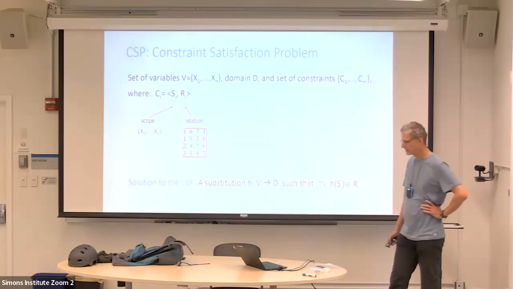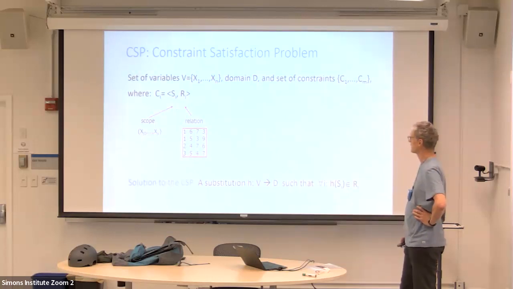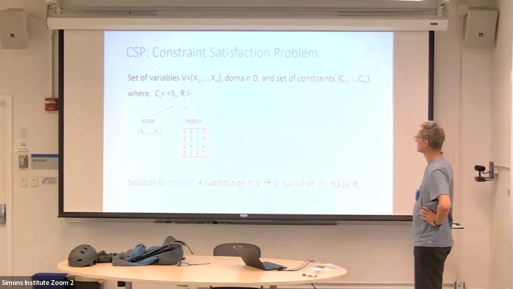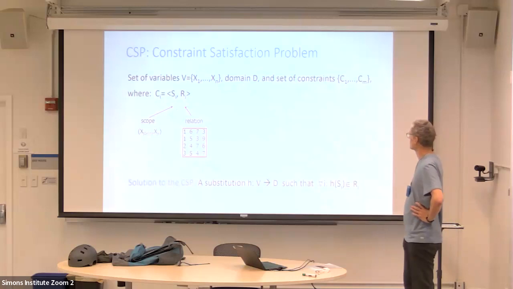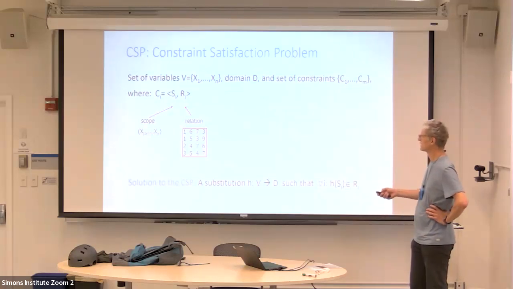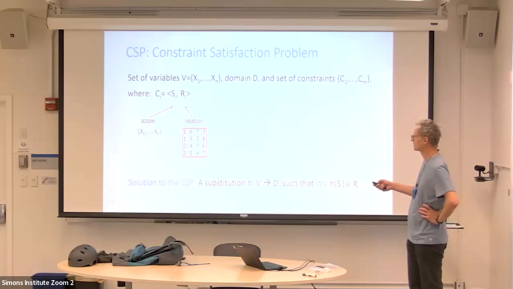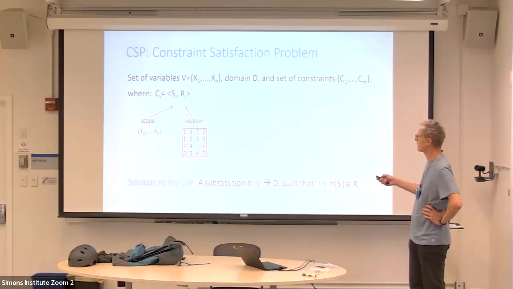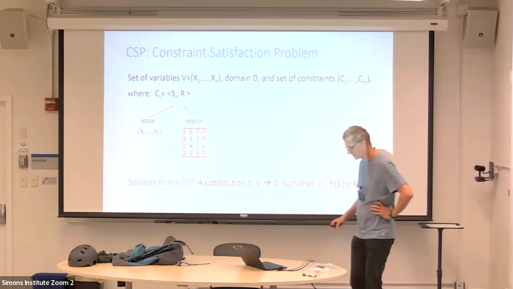The constraint satisfaction problem is defined such that we are given a set of variables, a domain, and a couple of constraints, where each constraint consists of a scope, which is just a couple of variables, and a relation. Again, the goal is to find a mapping from the variables into the domain, so as to send all of the scopes into the corresponding relation.